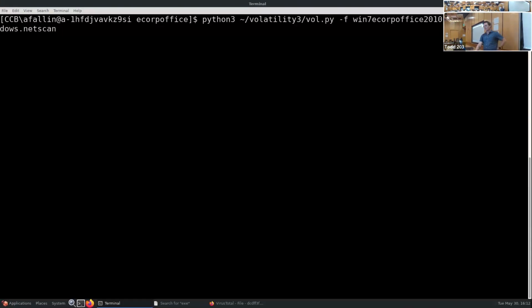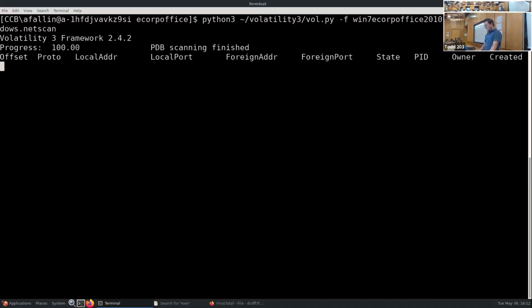So this is good. Netscan is going to show us all the connections in our memory file, all the connections at the time that we took this snapshot. Mine's going to run a little faster because I've run netscan already, but it's going to start outputting the connections with our local address, local port, where it's going, process ID, et cetera.